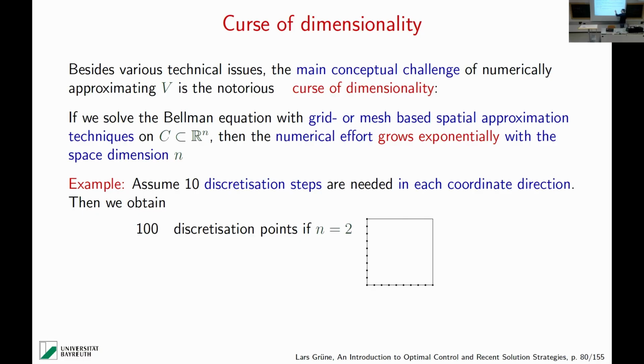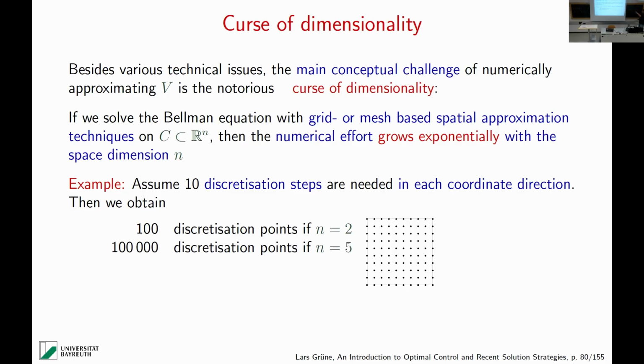You need to fill the whole set. So if you have n equal to 2 and use 10 discretization steps in each direction, you get 100 discretization points. And now assume you add another dimension, right? You get another 10, but then you have to use these 100 points and put them up to fill a cube, right? So you get 1,000.